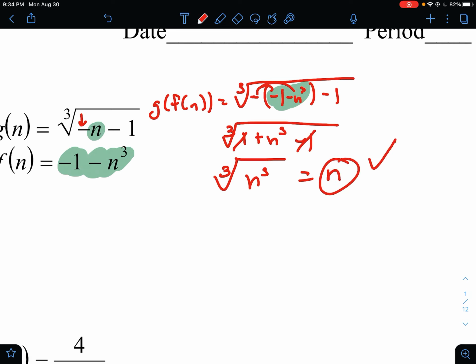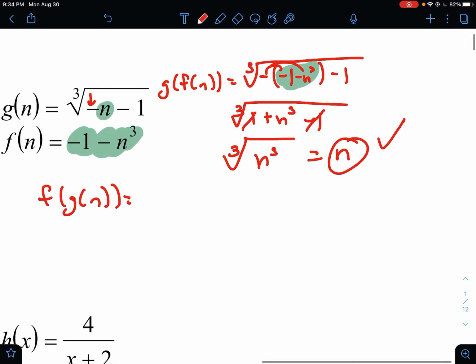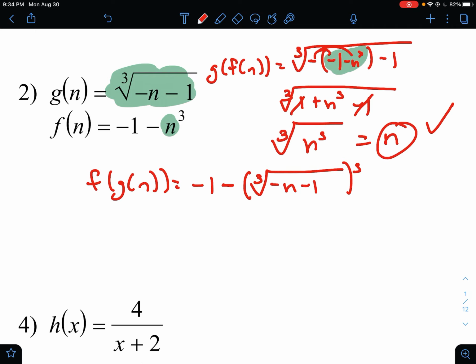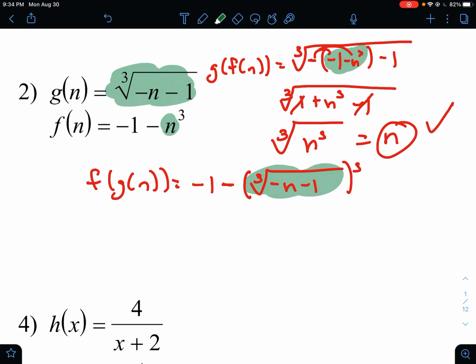Now let's go double check and make sure that f of g of n equals n. And if it does, then it looks like I'm good to go here. So this time, I have to plug g of n into f of n. So I'm going to start out with negative 1 minus, and then I've got to plug in my green guy. So I get the cube root of negative n minus 1 cubed. So again, that green thing went right in there inside of the n cubed.